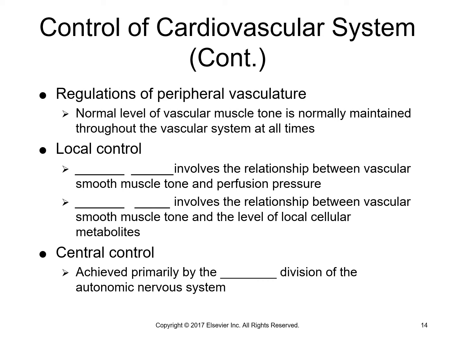And then metabolic control involves a relationship between your vascular smooth muscle tone and the level of local cellular metabolites, such as high CO2 or lactic acid, a low pH, or a low partial pressure of O2, which then causes relaxation of the smooth muscle and vasodilation, so it can increase flow to the affected areas. And then the central control is achieved by the sympathetic division of the autonomic nervous system.